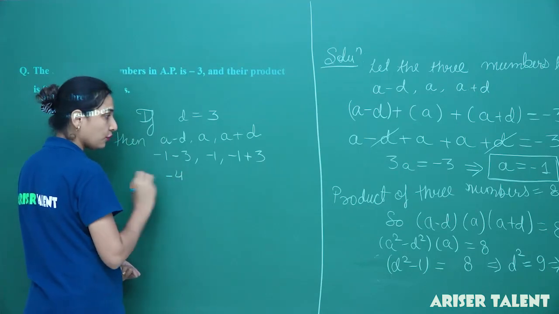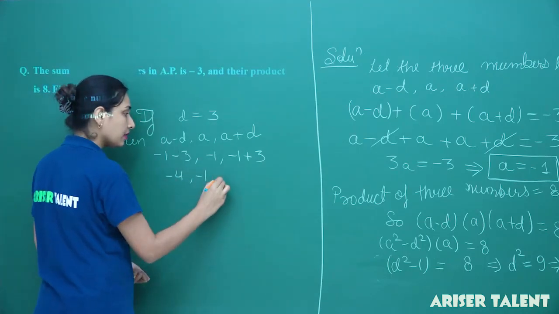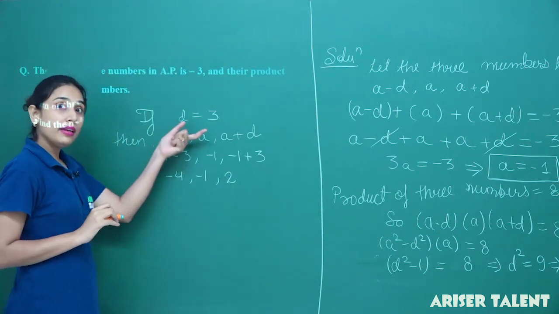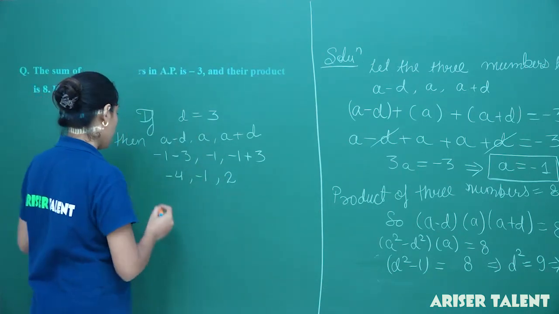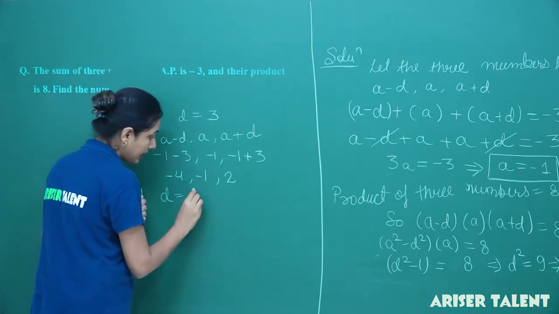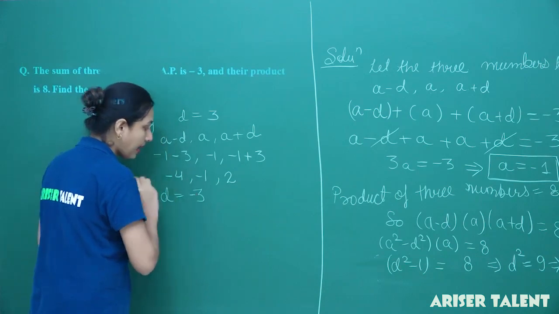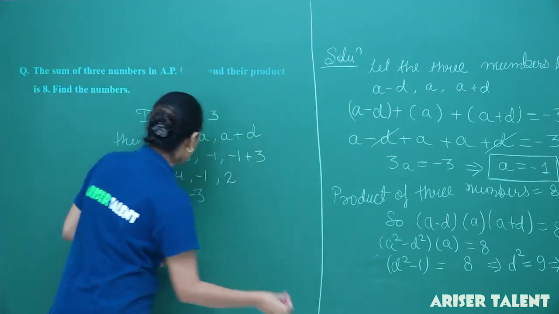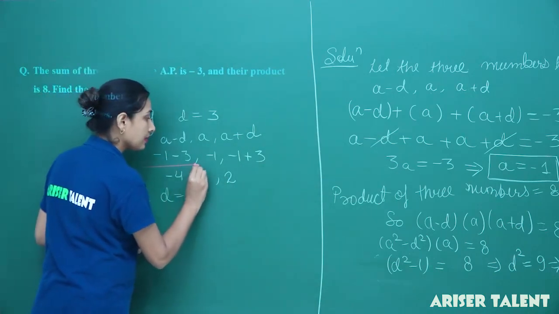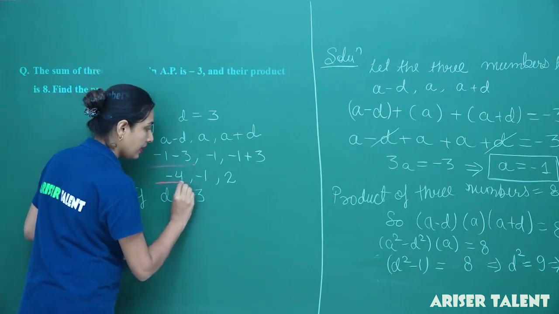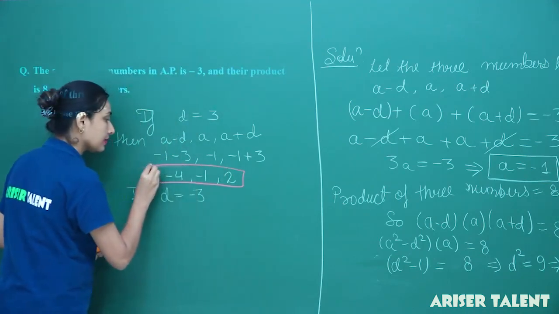That will be minus 4, minus 1 and 2 if D equals plus 3. This is your first answer.